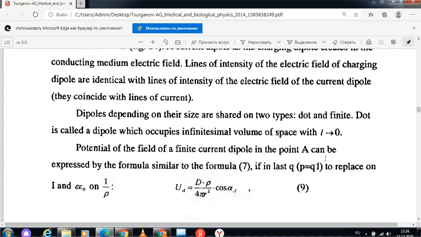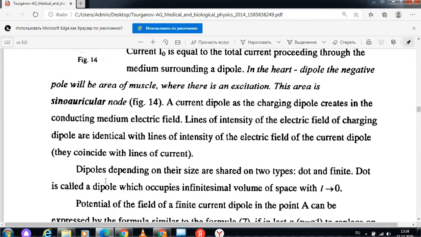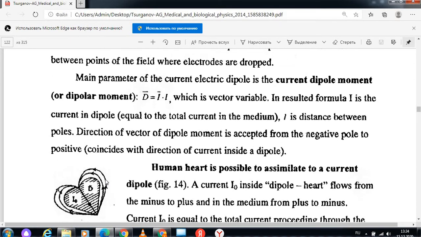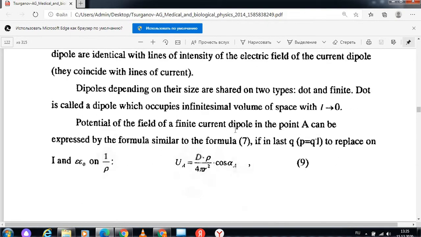So we need to replace our charge Q with I, the current in the dipole. I is the current in the dipole, equal to the total current in the medium, and L is the distance between the two poles.